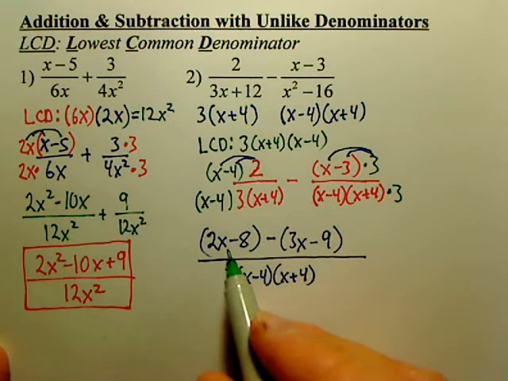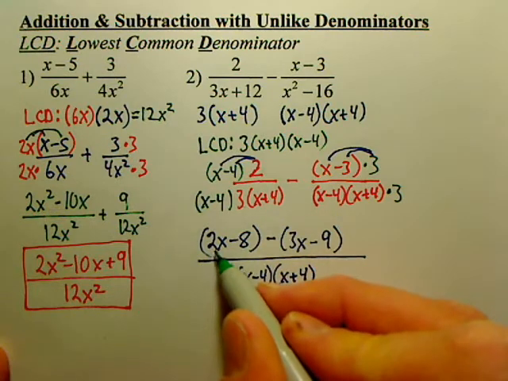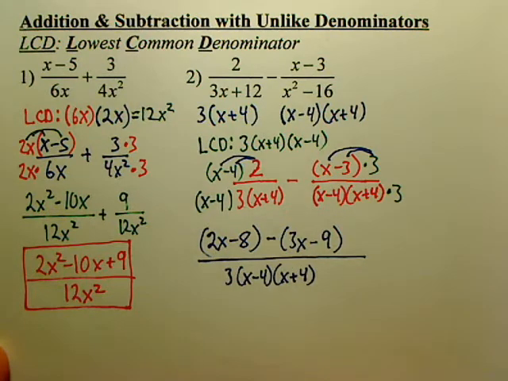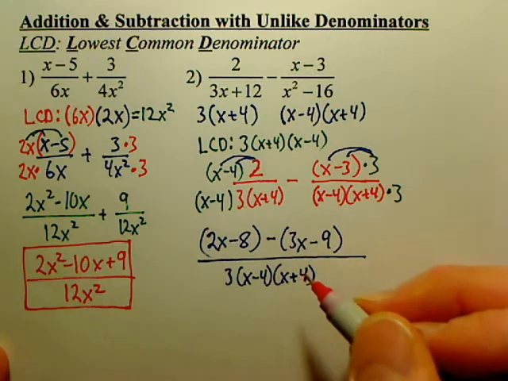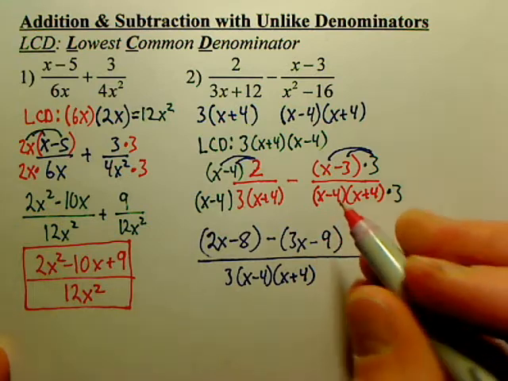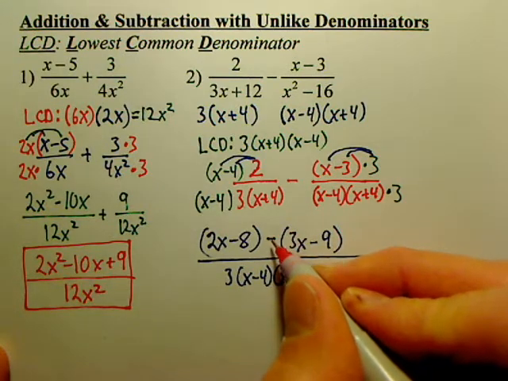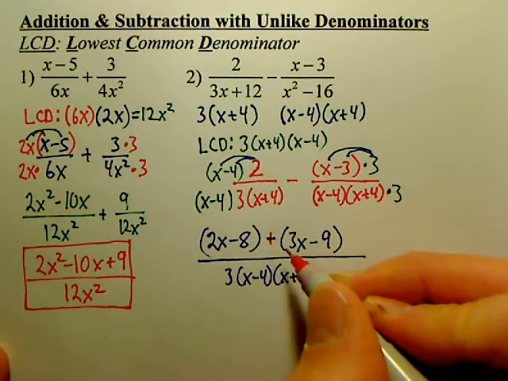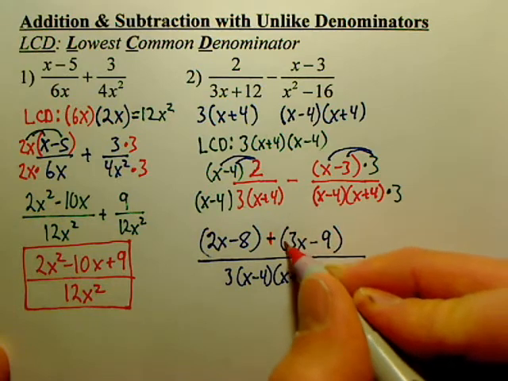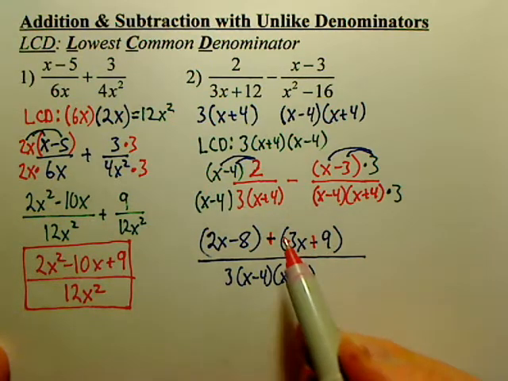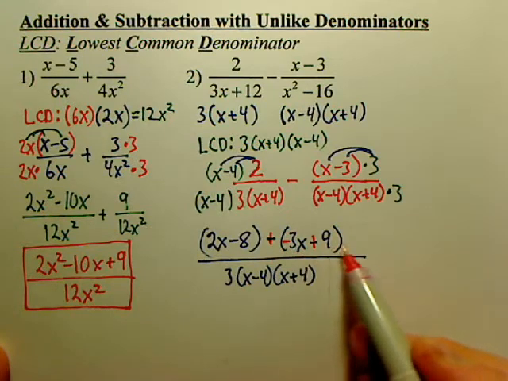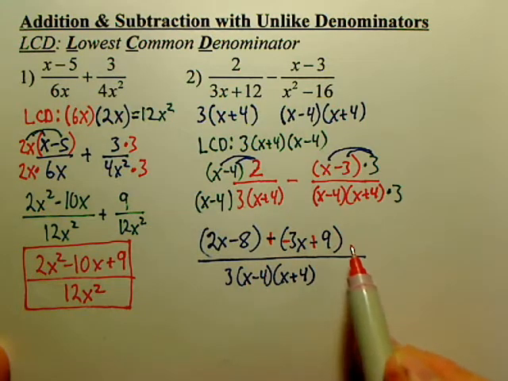Now I've got to subtract the tops, and you've got to be very, very careful with this. Everybody does this differently, but what I would do is change this minus to an add, and then distribute the negative, so that becomes a negative and that becomes a positive. I like to do it that way because you're subtracting both of these pieces, so I change both of those.